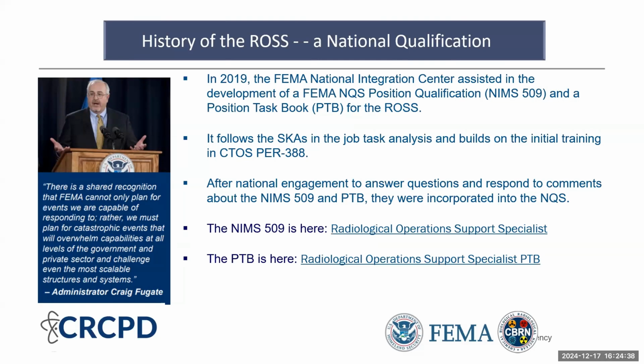And then the position task book for humans, whereby it describes if you want to be a type 4, 3, 2, or 1, here are the actual tasks you must master. And you can find those if you go to these links in the document here.